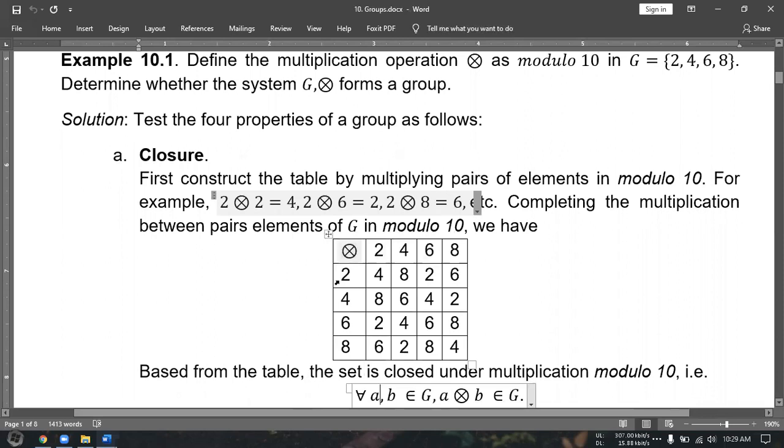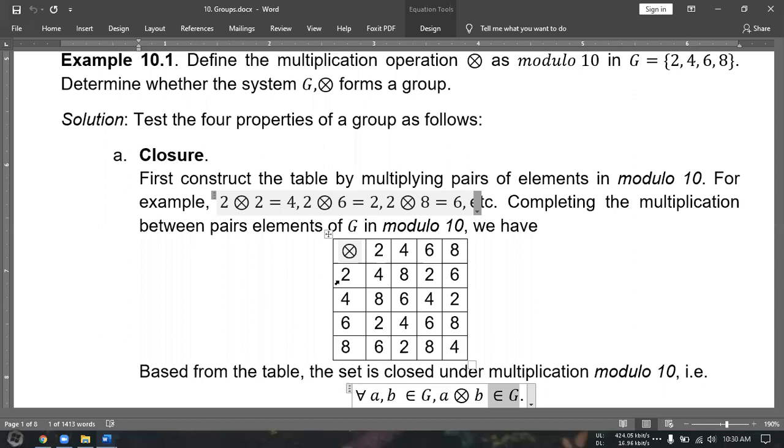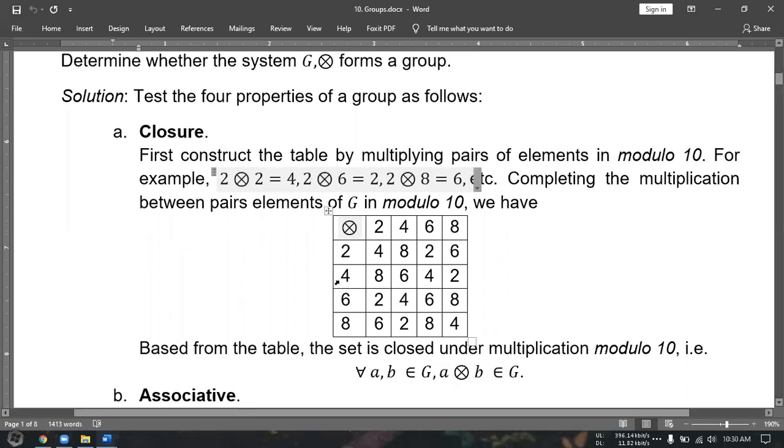So for all elements A and B, which is element of G, A times B modulo 10 is also an element of G. Right? A times B modulo 10 is an element of G. So, okay. First condition, check. The set is closed under multiplication modulo 10.